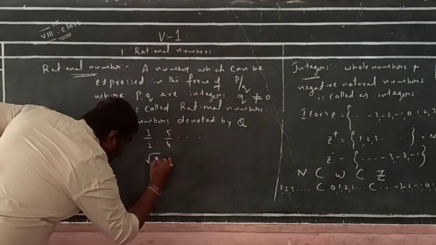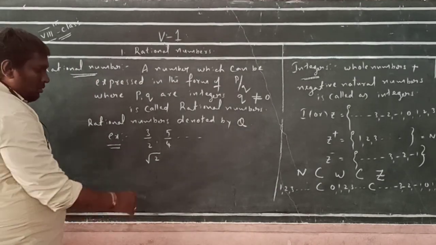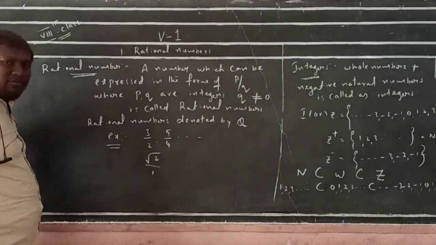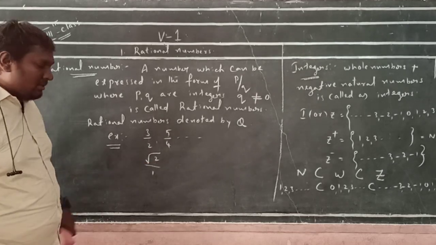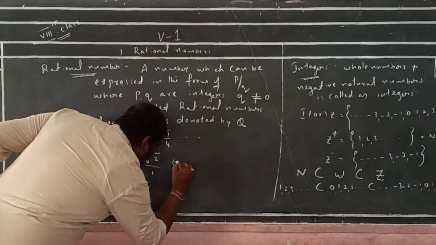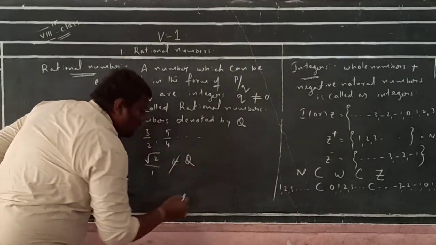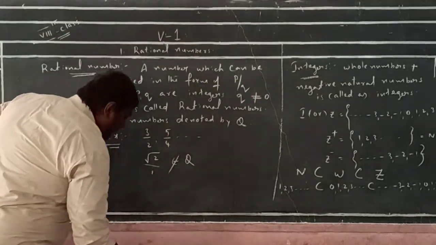For example, root 2: this is also written in p by q form, but the root is there, that way this is not a rational number.